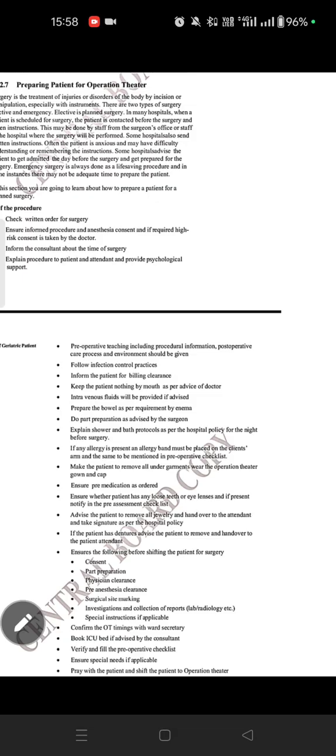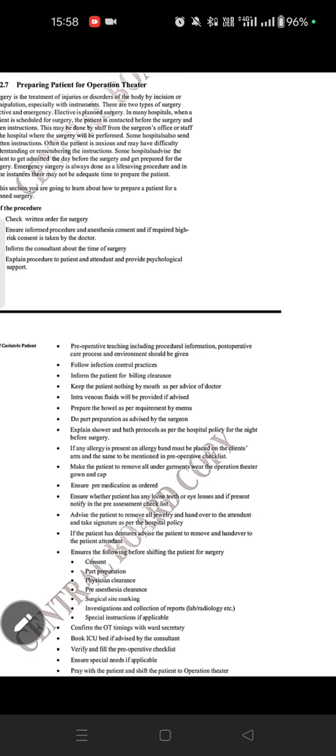Then follow infection control practice, billing clearance, then keep the patient NPO, nil per oral, then IV fluid administration, and bowel or rectal enema if needed.